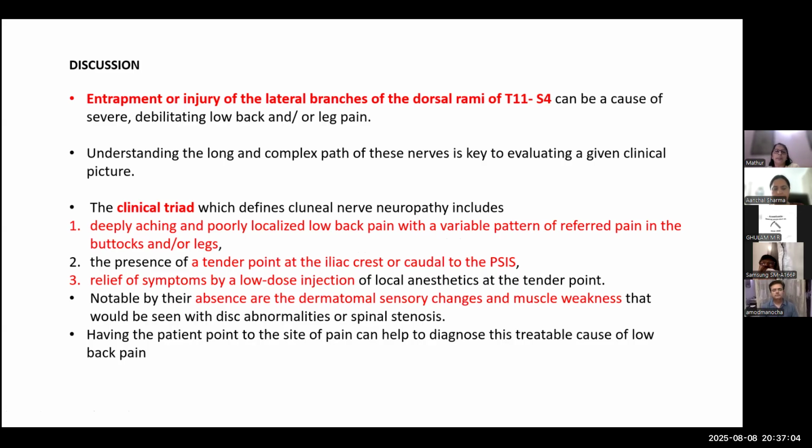There is relief of symptoms by a low dose of local anesthetic injection at the tender point. Notably, there is absence of dermatomal sensory changes and muscle weakness, which would generally be seen in disc abnormalities or in cases of spinal canal stenosis. So having the patient point to the site of pain can really help us to diagnose and treat this low back pain.